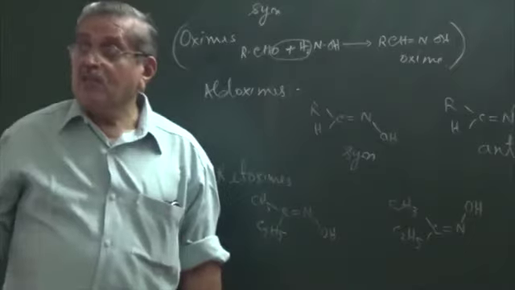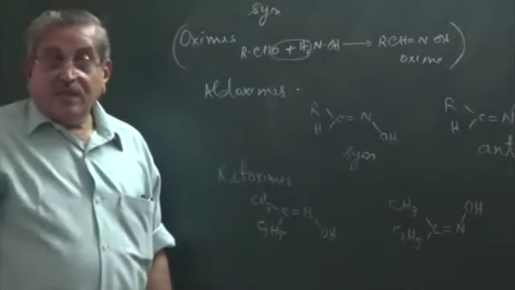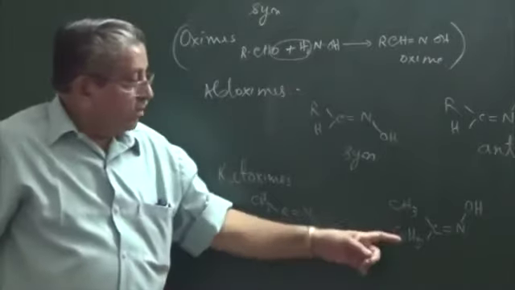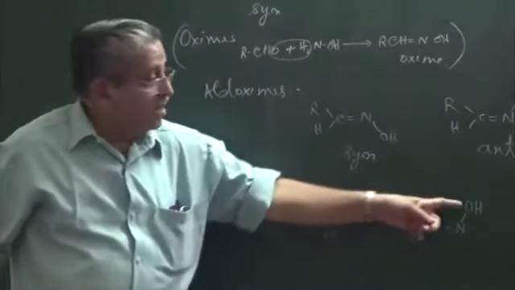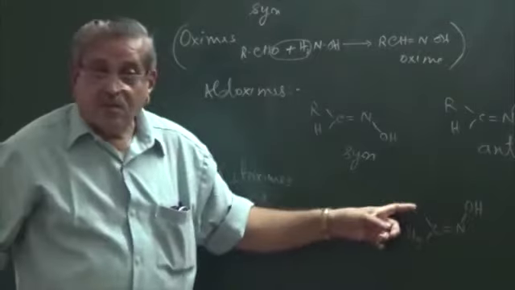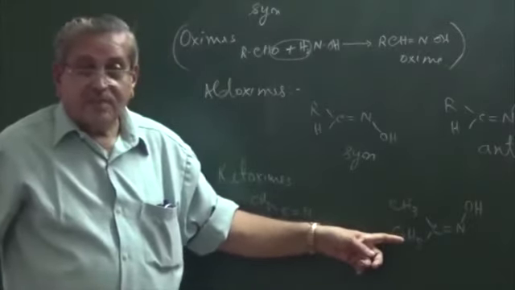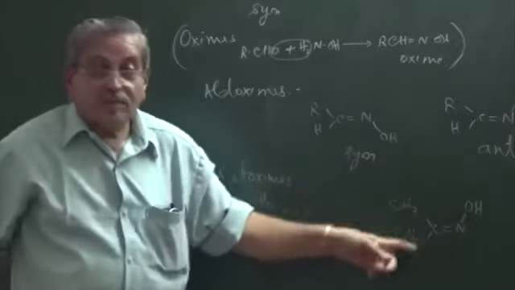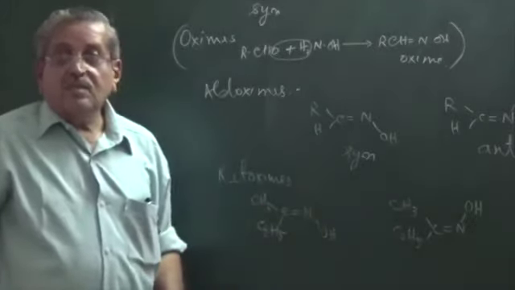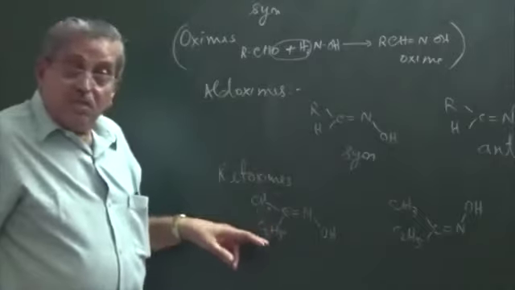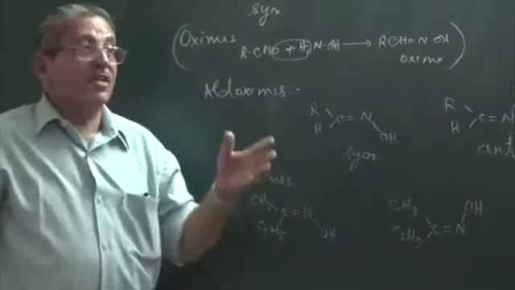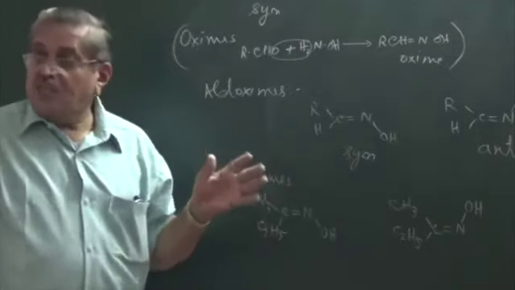They are also different. Why are they different? Syn methyl: these are on the same side, you know. Syn methyl ethyl, anti ethyl methyl, anti being opposite. Similarly, syn means syn ethyl methyl, anti methyl ethyl. No difficulty now. Try to understand well.